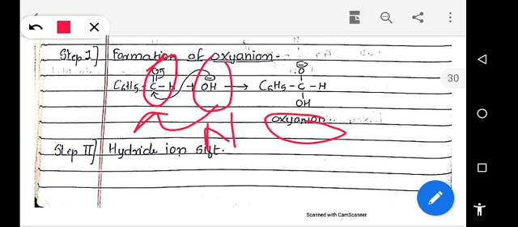It cannot remain in this form, because here is OH minus, here is the OH, meaning the carbon is attached to two electronegative atoms, so it faces instability, and it will rearrange so that it will be stabilized.